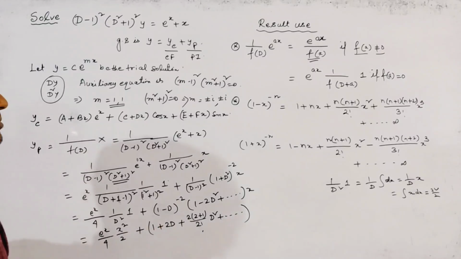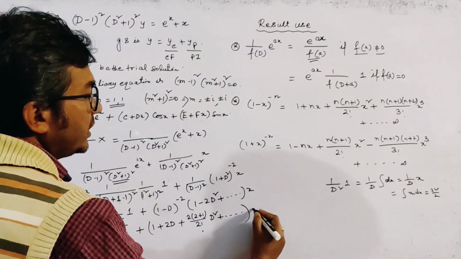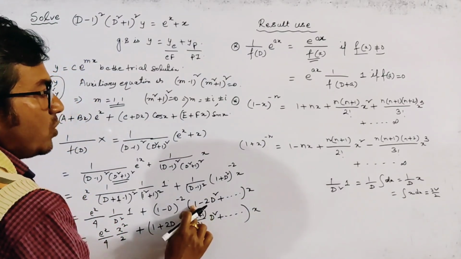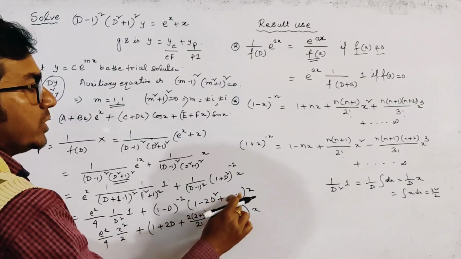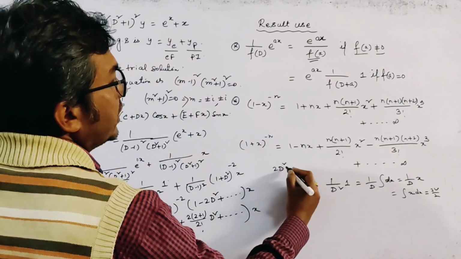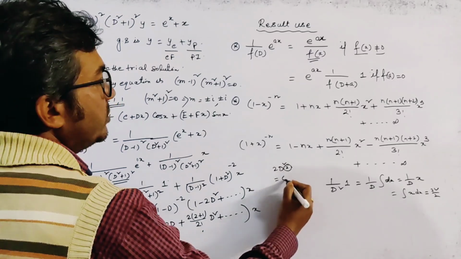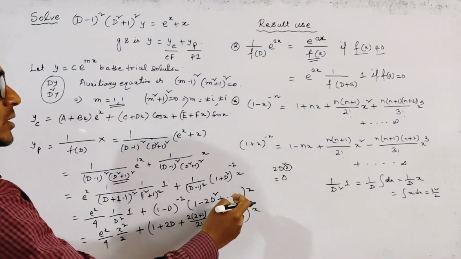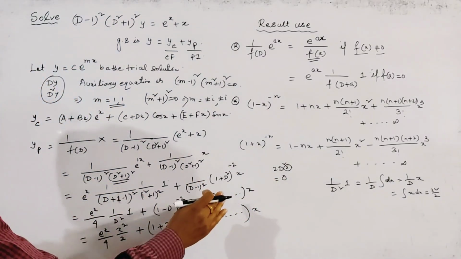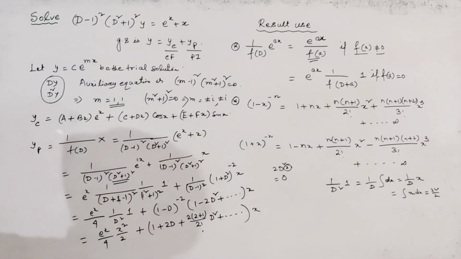All terms are positive, and from here we get only x, because 1 into x is x, and 2D square into x, this is the derivative 2 times of x, this is obviously 0, and all the other term derivatives are also 0. Okay, so we get only x here.